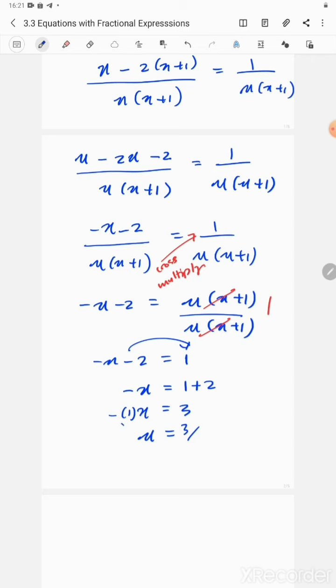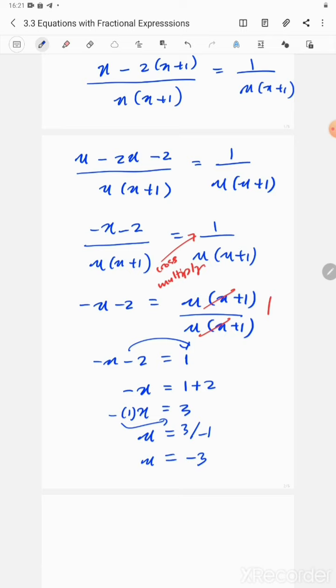Okay, kalau ni ke sana dia akan jadi divide kan? Divide by negative 1. That's why we get negative 3. Okay, faham? Basically dia adalah multiply antara negative 1 dengan x. Kita nak x saja. So bila negative 1 pergi ke kanan, so dia akan jadi division. That's why the value is negative 3. Alright, therefore x equal to negative 3.